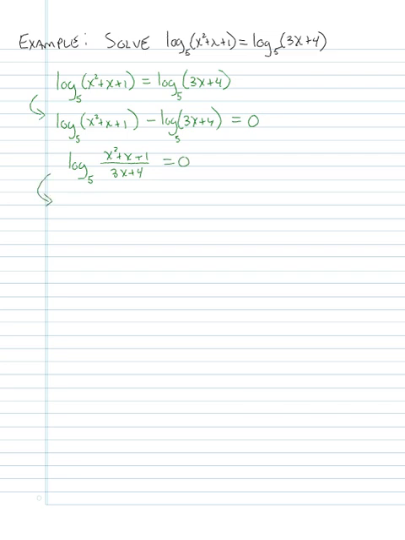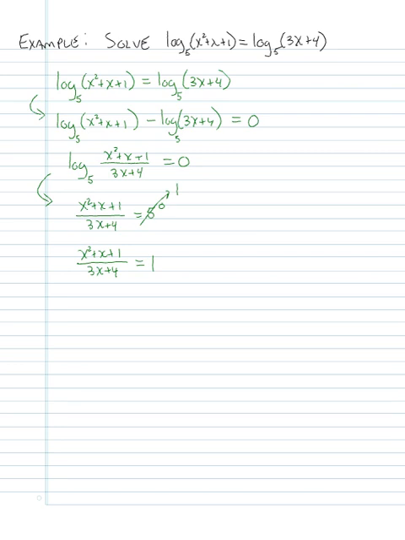Now when we convert that, we have the fraction x squared plus x plus 1 over 3x plus 4 is equal to 5 to the power 0. But 5 to the power 0 is really 1, isn't it? So now we have our fraction x squared plus x plus 1 divided by 3x plus 4 is equal to 1. And so we need to solve that.